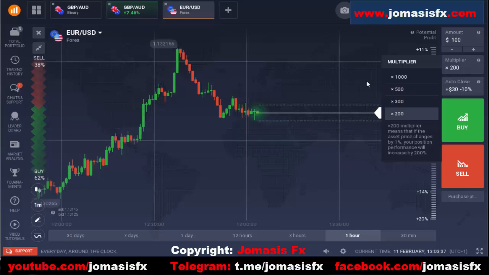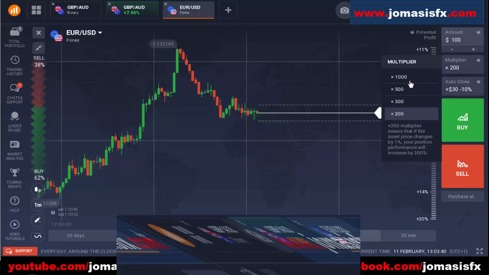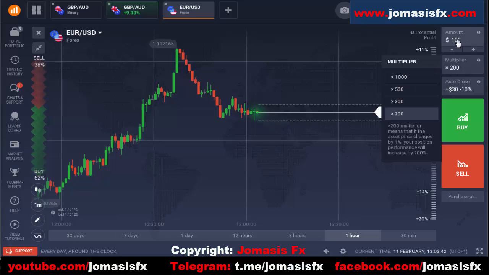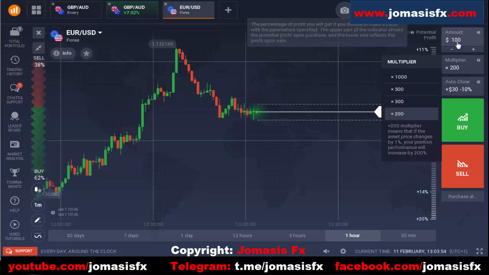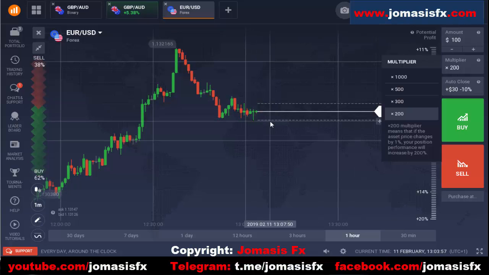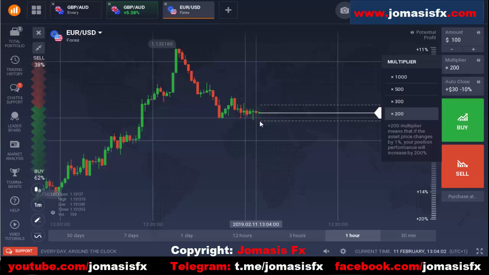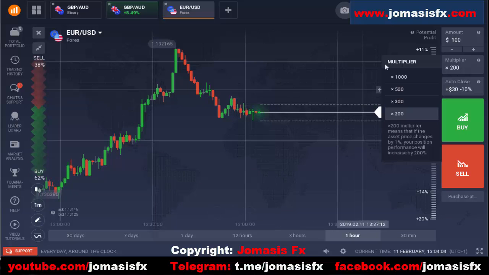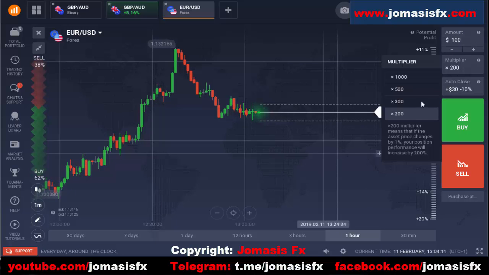Now, as you leverage, in the background, if the trend is going against you, they are using the value of your money. They will be charging you based on the leverage. If you don't have any stop loss, and the trend goes against you, and you have lost up to $100 of your total trading capital, they will close it.